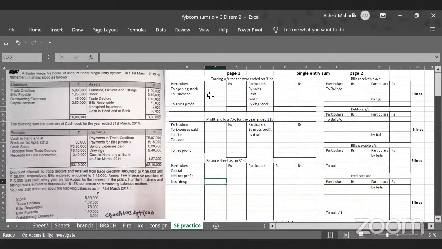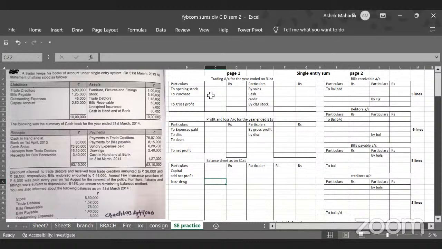Then after that, we are given a paragraph which has information about discount received, discount given, one bill endorsed. Then one adjustment of insurance premium paid. And at the end we are given balances which are there as on 31st March 2014.